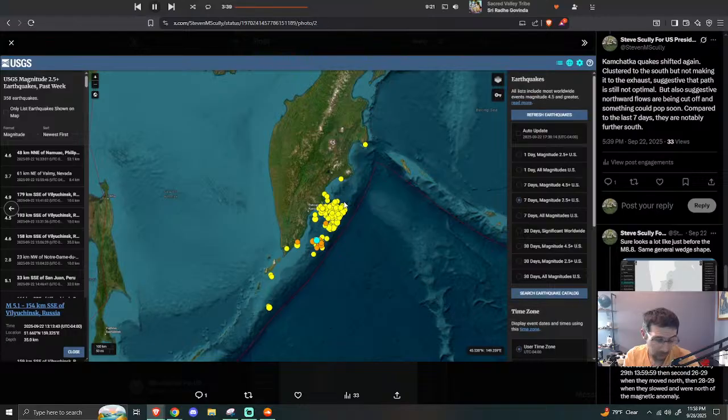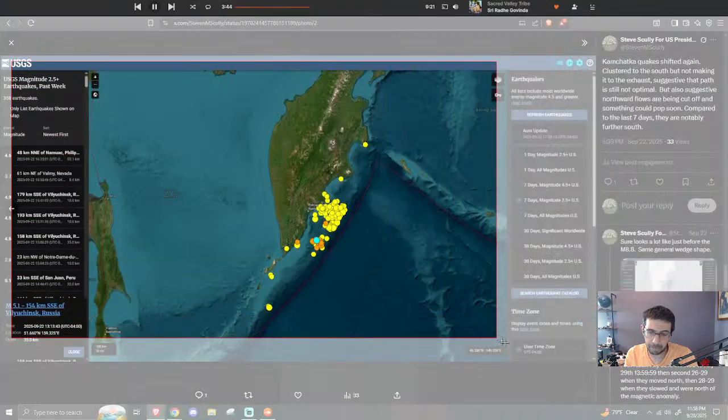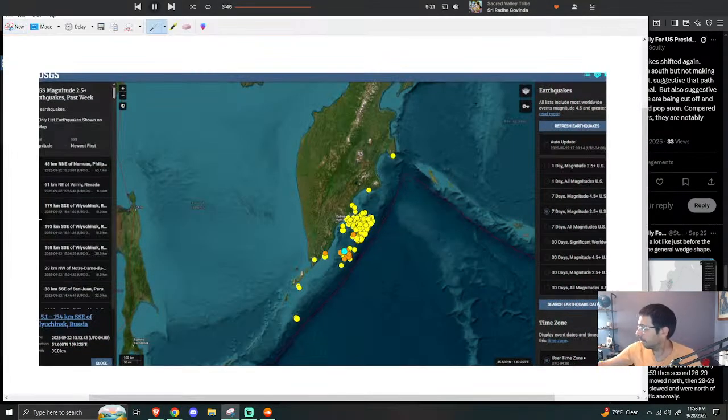This here has this shape, like a wedge shape, where there's a general northbound and southbound.